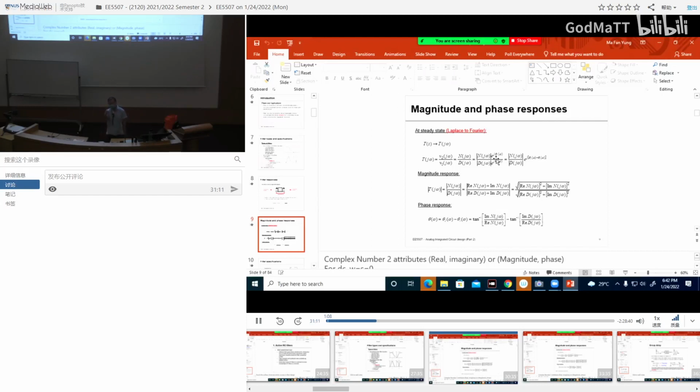Because in one number, it has two pieces of information: the real part and the imaginary part. These are two different information types in one number. In a real number, it's only one information: x equals 1, x equals 2.5, x equals 3. Whereas for a complex number, you have two different pieces of information, the real part and the imaginary part, which can also be mapped into a different format, which is the magnitude and the phase.